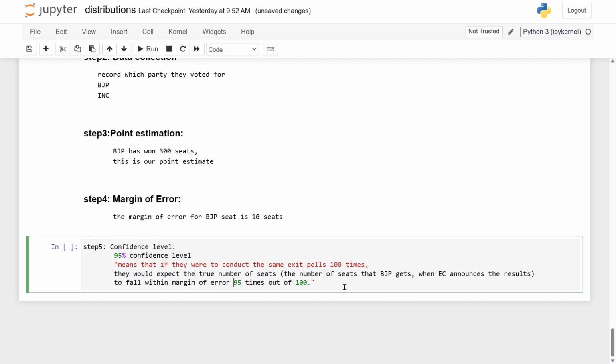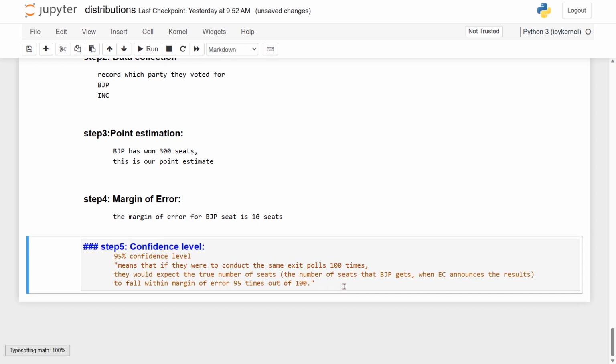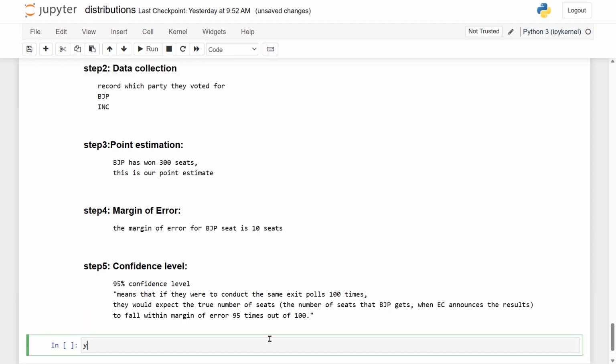If you did not get it, I will give you a much simpler example. Let's take you are tossing a coin. When you toss a coin, what is the probability of heads? 1 divided by 2. And what's the probability of tails? 1 divided by 2, because both have an equal probability.